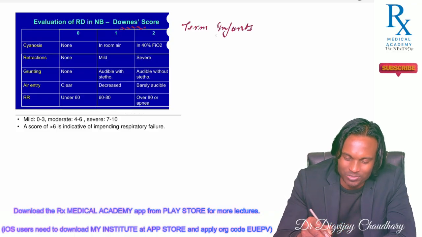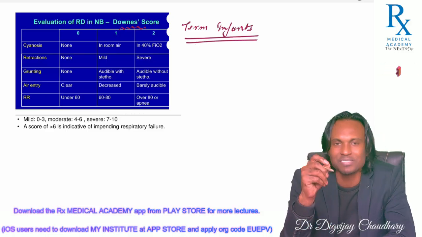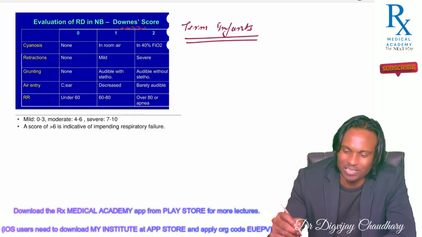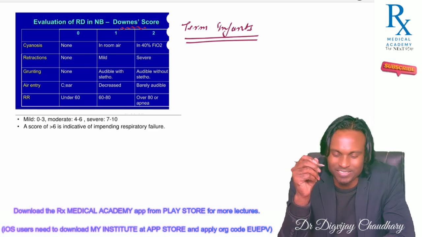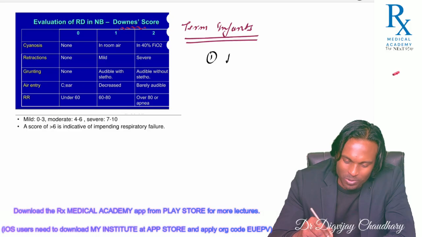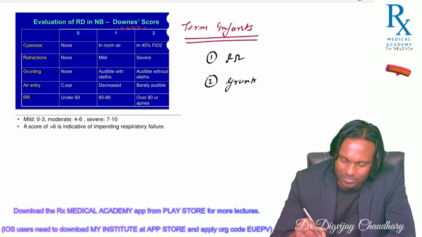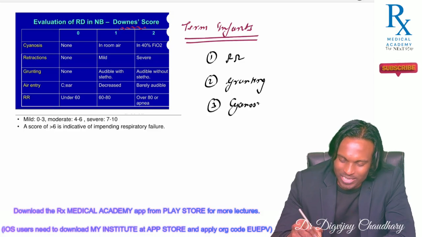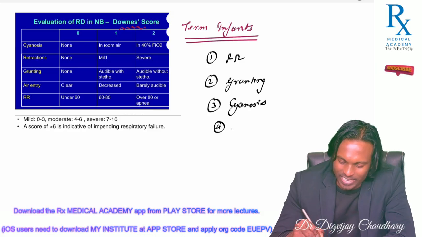In the starting of the lecture itself, I mentioned all 5 parameters of this Downey scoring. We started defining respiratory distress, and when we were defining it, we talked about respiratory rate, grunting, cyanosis, and chest retractions.